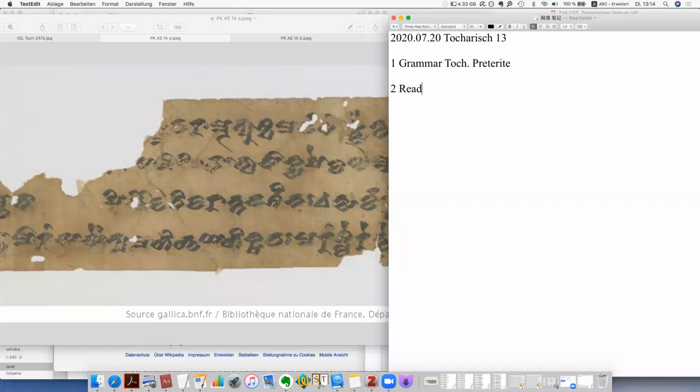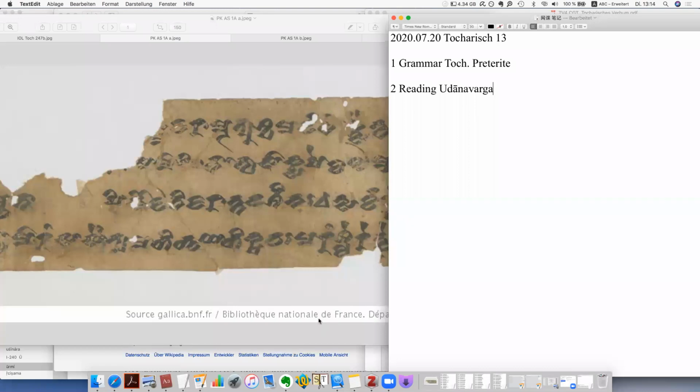For the reading, we definitely have to read something for the Tocharian class. It has already been a long time since our last real reading. So for the reading, we're going to read Udānavarga. You'll find it as a background here. This is actually the manuscript, preserved in the Bibliothèque Nationale de France, so in Paris.